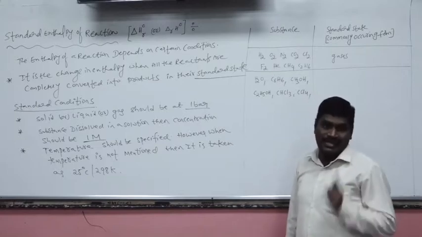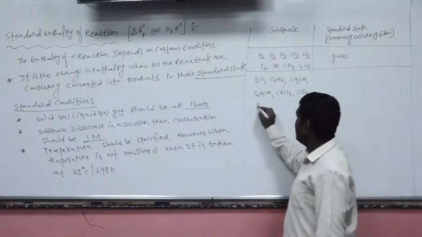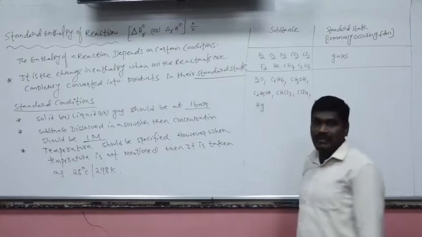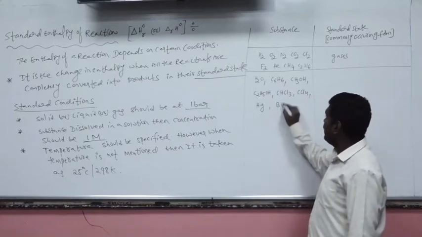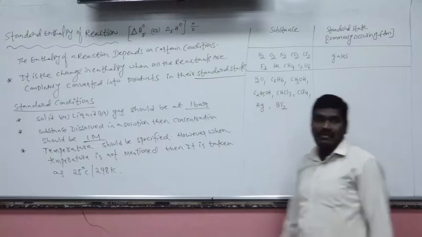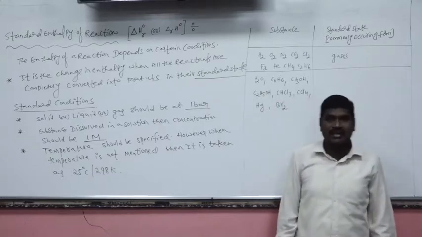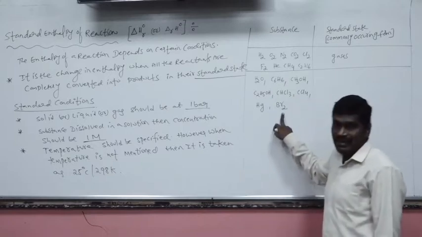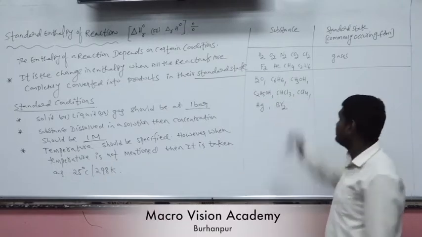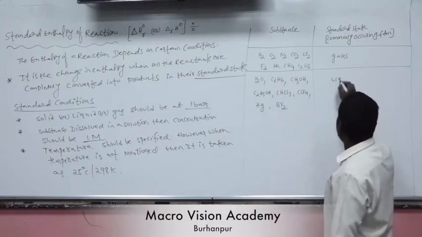There is only one exception, that is mercury. Mercury is a liquid metal. Now, bromine. Generally, non-metals exist either in solid state or gaseous state. But here bromine, which is a non-metal, exists in the liquid form. This is the standard state.